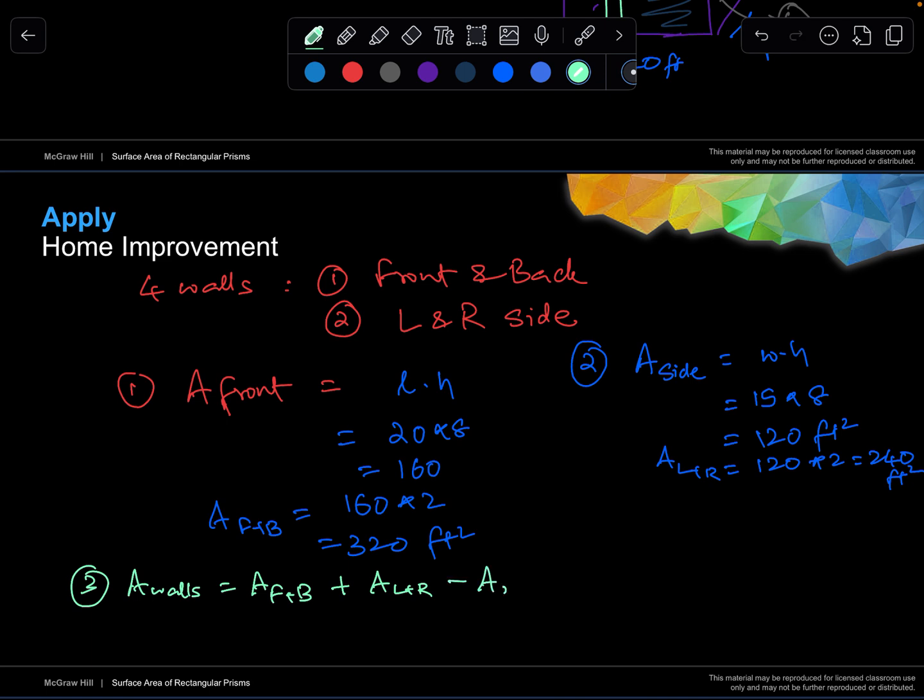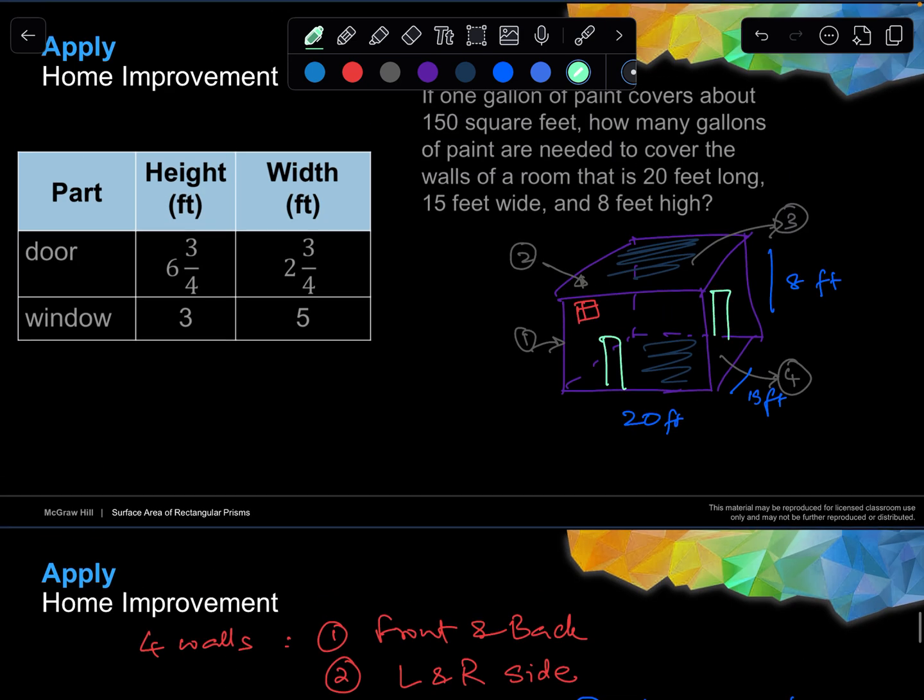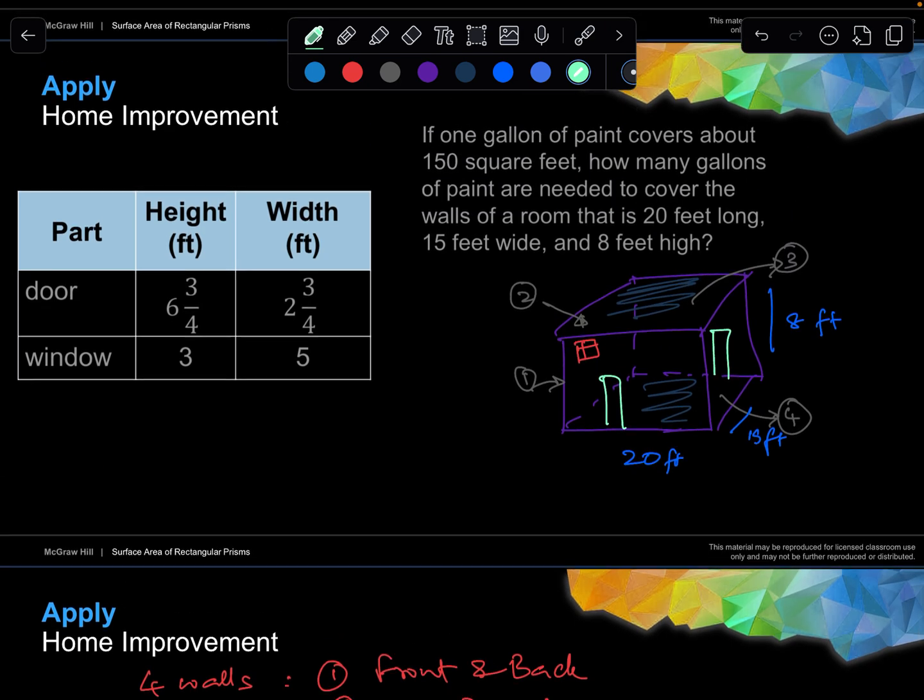Minus area of 2 doors and minus area of window. Now, what is the area of the doors? Let me calculate that here. Area of door is 6 3/4 times 2 3/4.